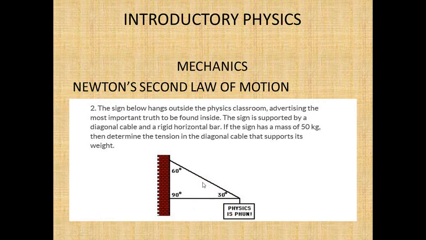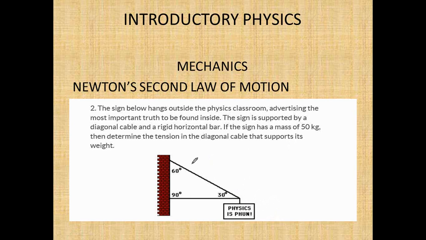I want you to determine this tension in the cable. So the mass of the sign is 50 kilograms. So the downward pull, or the force due to gravity, let's calculate that.